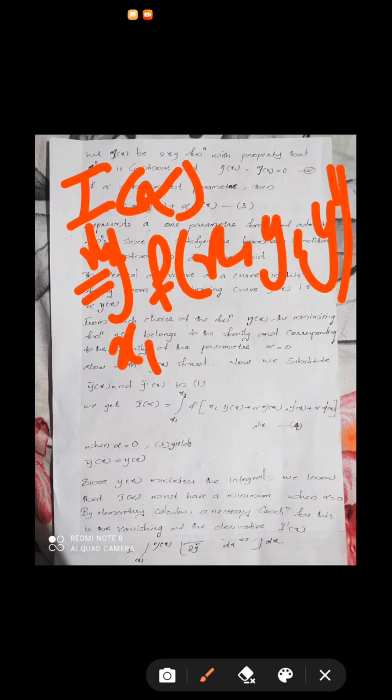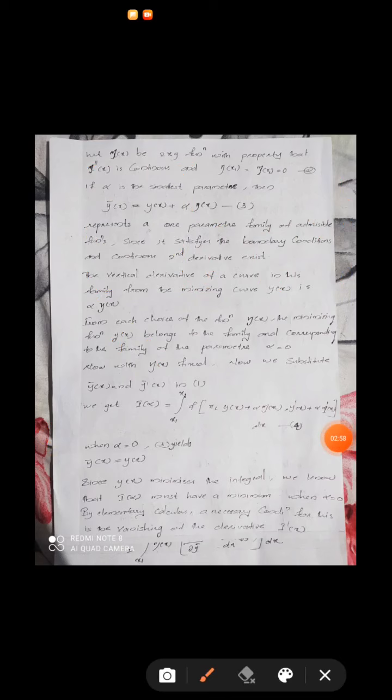Then we substitute y bar of x and y bar dash of x in equation number 1. Therefore we get I of alpha equal to integral x1 to x2 f of y of x plus alpha eta of x, y dash of x plus alpha eta dash of x dx.